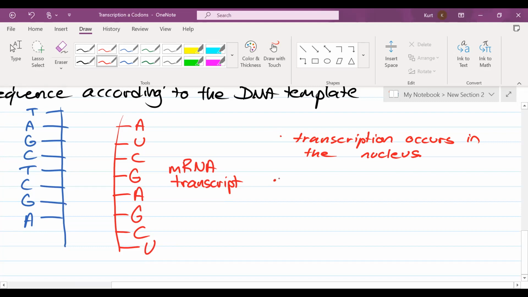Now, mRNA is able to leave the nucleus, and I want you to think back to your semester review when you guys had to label like 19 or 20 different structures in the cell. What were those little openings that were all along the surface of the nucleus called? Jasmine? All right, so mRNA is able to exit the nucleus via nuclear pores.